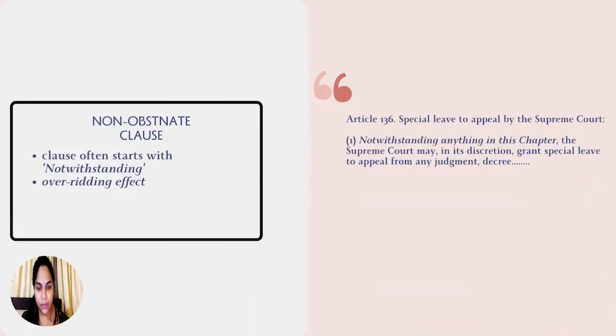The next crucial thing under the Bare Act is the non-obstante clause. These kinds of clauses often start with the term notwithstanding. Hence, a non-obstante clause empowers a legislation or a provision in which it is contained to override the effects of any other legal provisions which are contrary, under the same law or any other laws.